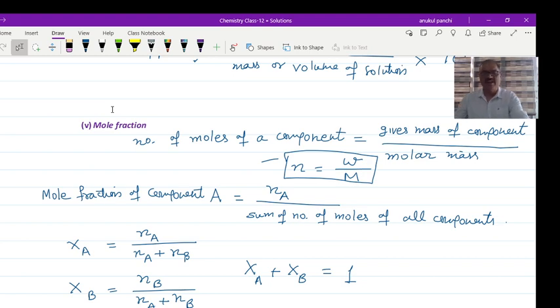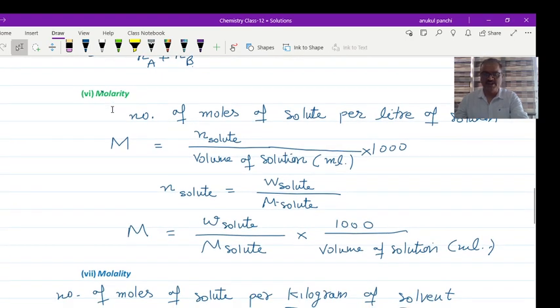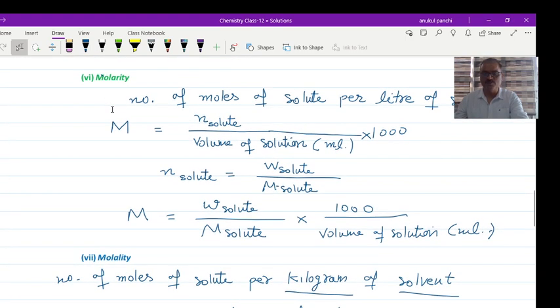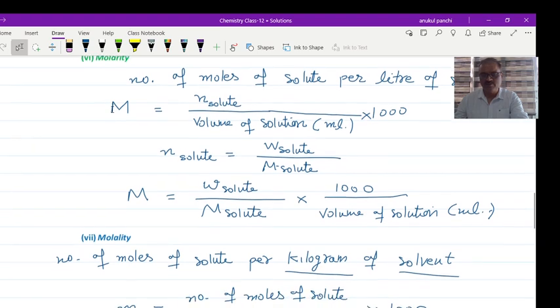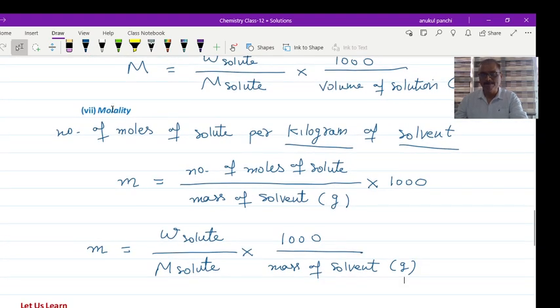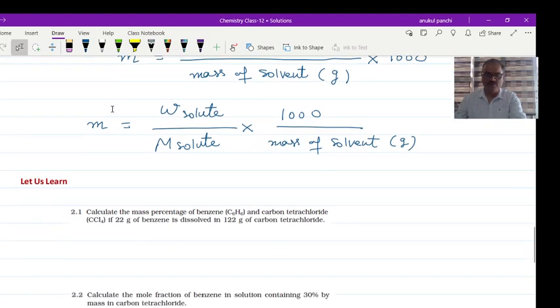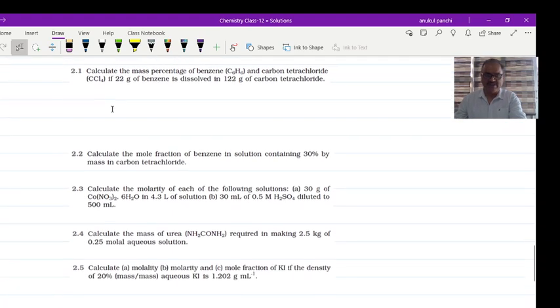Okay, and then comes molarity and molality. Molarity is number of moles of solute per liter of solution. Molality is number of moles per kilogram of solvent. Clear? Now, grasp these methods and you will understand better if you solve these practice problems.